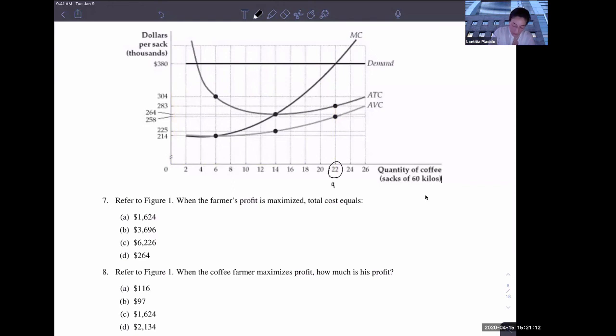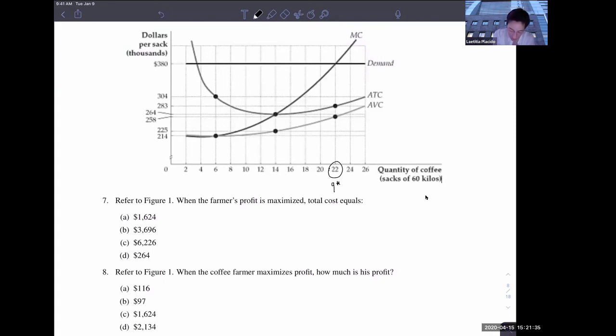So when Q star is 22, we want to calculate total cost here. The thing here is that we don't have the total cost function on the graph. We have only average total cost and average variable cost.